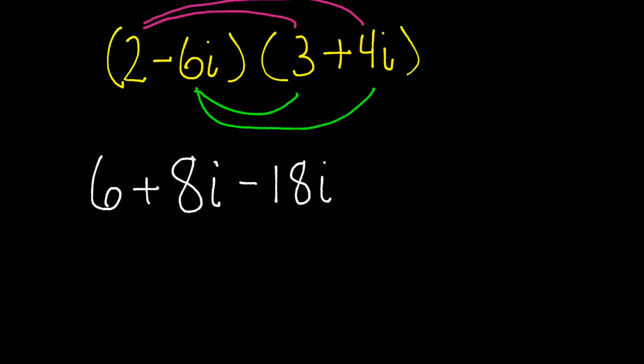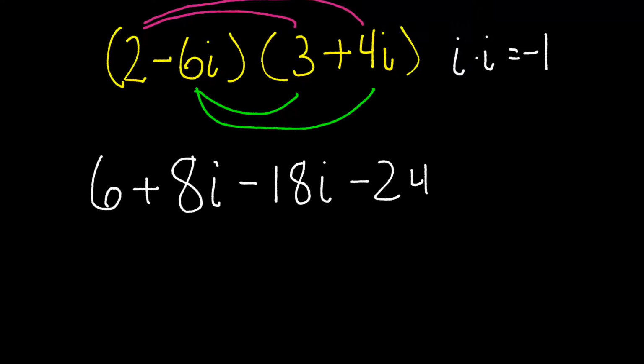Both terms have integers and imaginary terms, so we're going to have to do a little bit of work for this one, but that's alright. So I've got negative 6 times positive 4, which is going to be negative 24. But then I also have, once again, my i times i. And just for old time's sake, i times i equals negative 1.